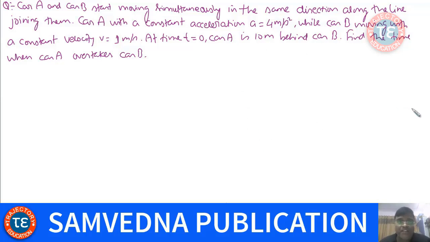Okay. So car A starts with 0 velocity, they start from rest. Car A and car B start moving, means they start from rest. So one is having velocity 1 meter per second, other starts from rest but has an acceleration of 4 meter per second square. Okay, let's take this.